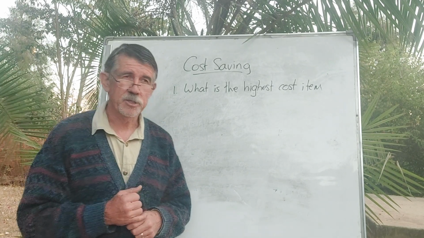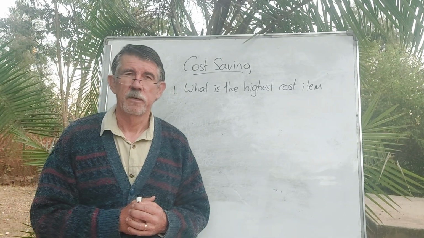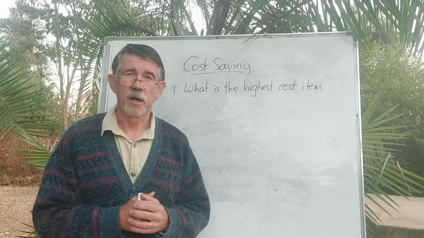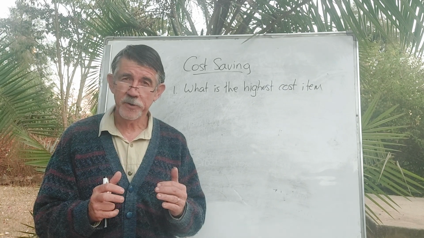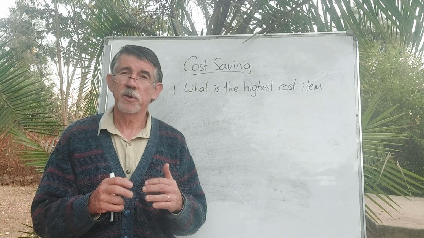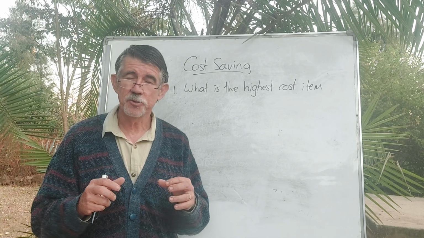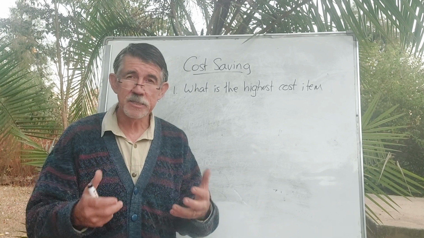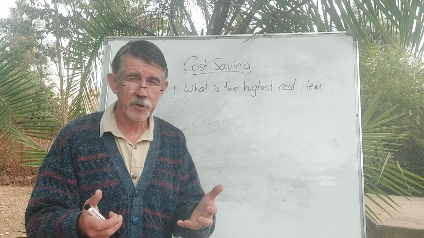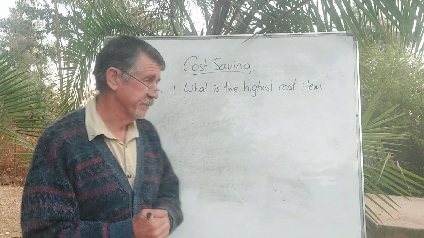So in crop production, usually the biggest cost is fertilizer. So how can you reduce your fertilizer costs? Are there ways that you can manage your fertility in such a way that you provide a balanced fertilizer regime for your crops without an over application of fertilizer?